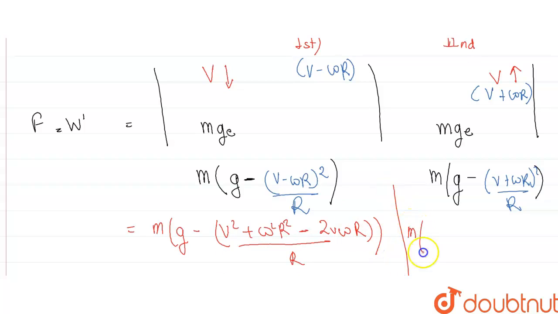In the second case it is m g minus v square plus omega square r square, but here it's plus 2v omega r divided by r.